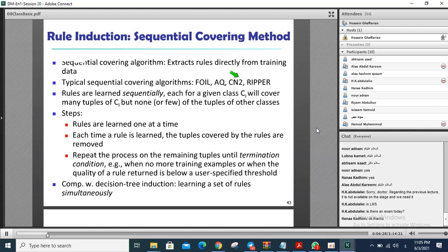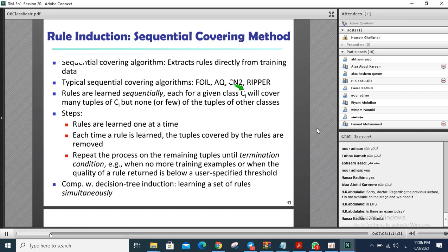We say that these methods are sequential. Why? Because they learn sequentially. For example, for a given class Ci, they will learn all tuples that belong to the class Ci and do not belong to other classes.